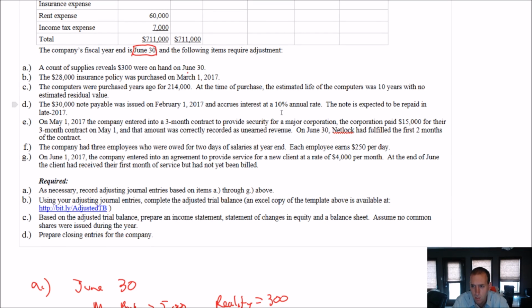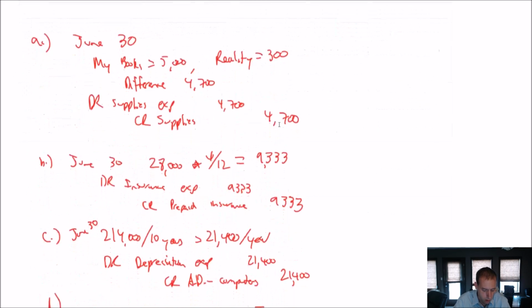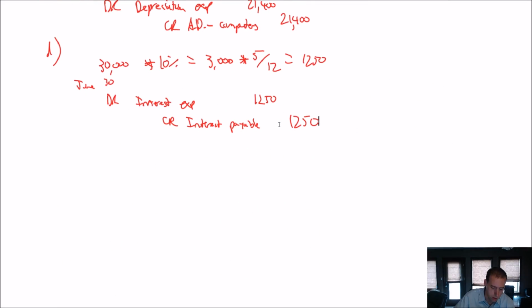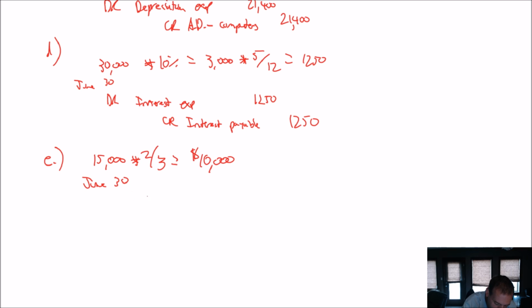So on June 30th, we've done the first 2 months. We've done 2/3 of the work. Well, we've earned then 2/3 of $15,000. So again, $15,000 was the unearned revenue, but I've earned 2/3 of that. I've earned $10,000. That amount has been earned. So on June 30th, I need to say I've earned, what kind of revenue?